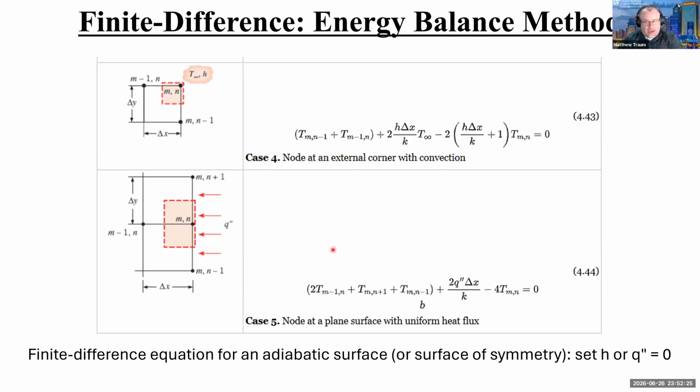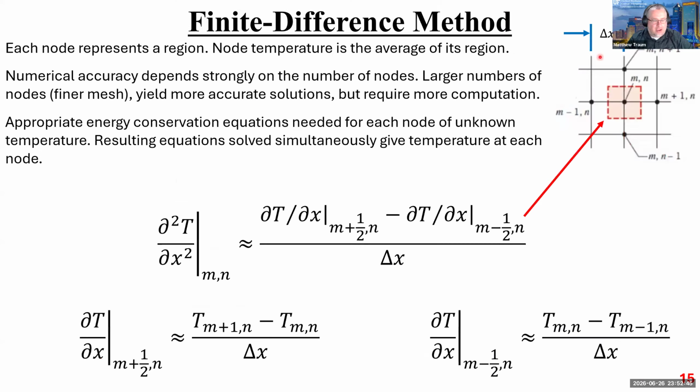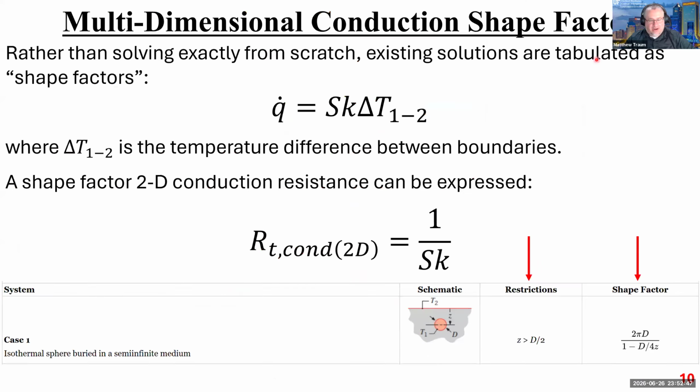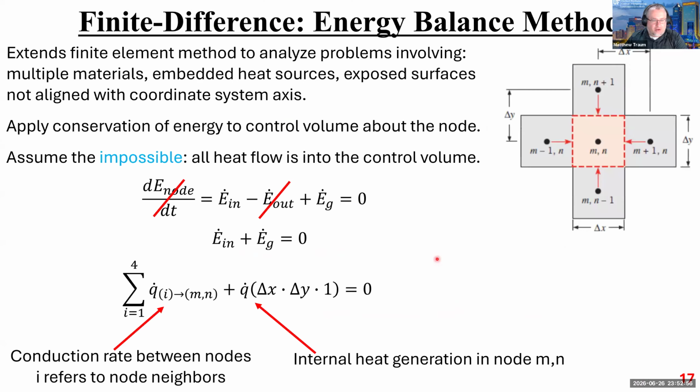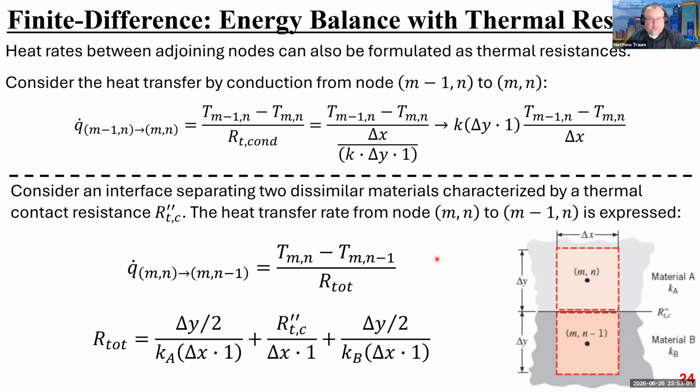Okay, cool. So, one more finite difference energy balance with thermal resistance. So I say here, heat rates between adjoining nodes can also be formulated as thermal resistances. So again, just like when we were talking about shape factors, and I talked about this expression for the conductive resistance in the context of a shape factor, we can also do it for finite differences.